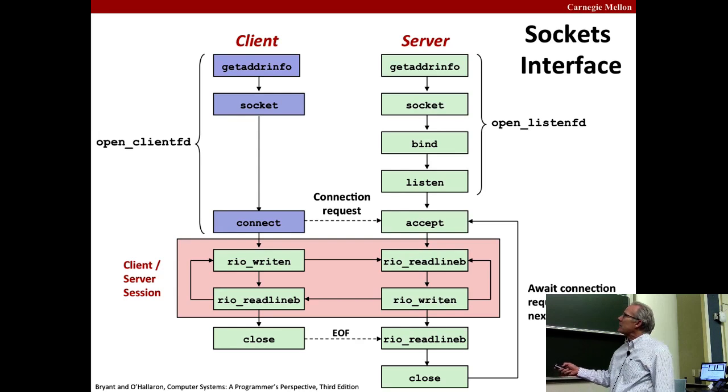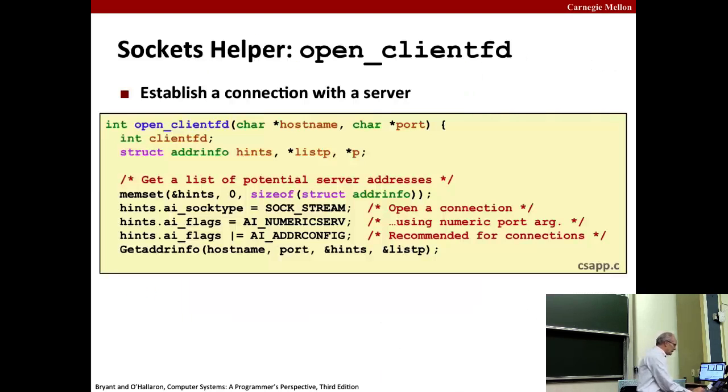And then connect is like placing a call. It's an API that's actually sending over the internet to the server some information saying, hey, I'd like to connect to you. And then once that connection is accepted, I can begin my session. So let's look at that.